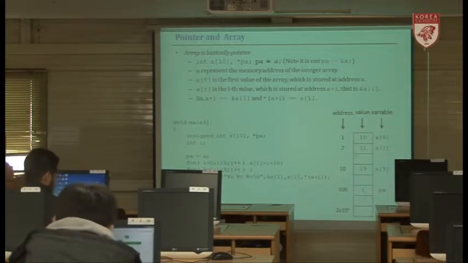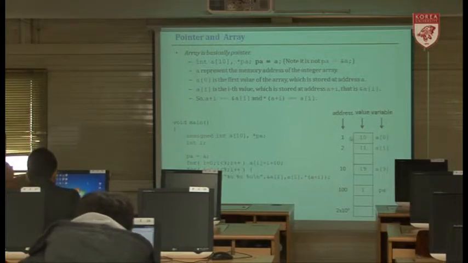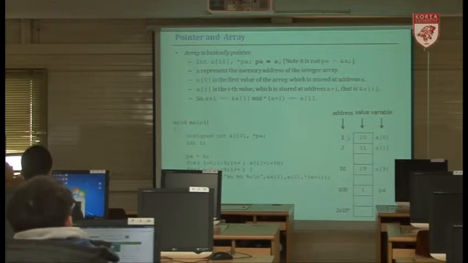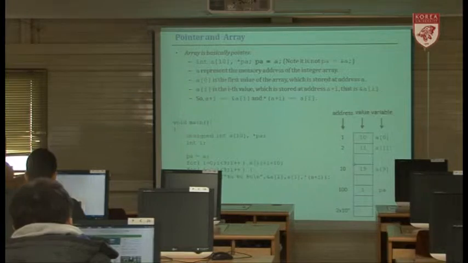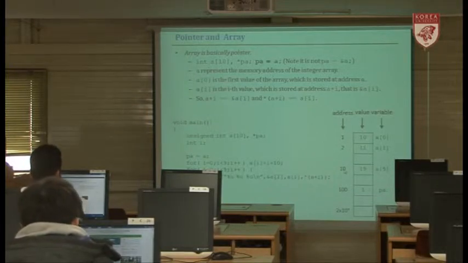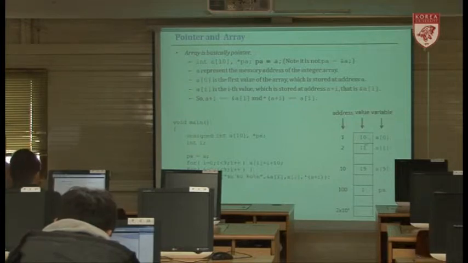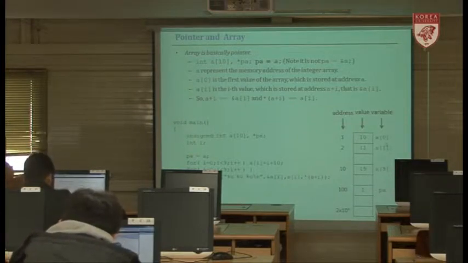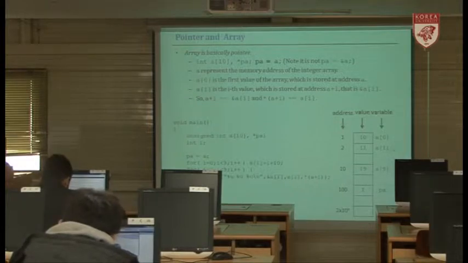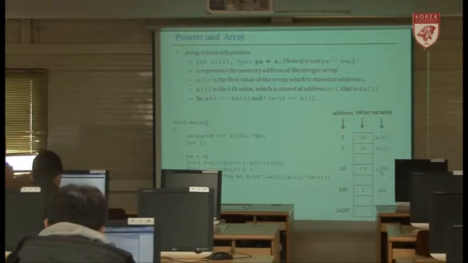Let's say those spaces take memory addresses 1 up to 10. Each memory can be accessed by A[0], A[1], up to A[9]. So A[0]'s memory address is 1, A[1]'s memory address is 2, and A[9]'s memory address is 10.